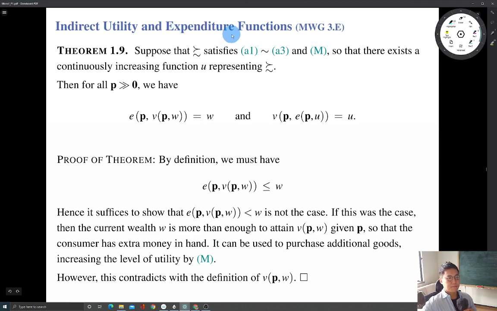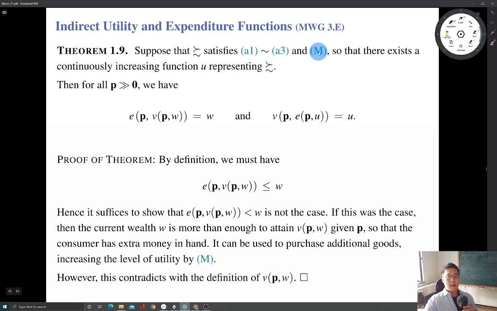All right, so let me begin with the relationship between the two value functions, indirect utility and expenditure functions. So the relationship is described in this Theorem 1.9, and we suppose that the preference relation satisfies the three basic assumptions: completeness, transitivity, and continuity. And plus, we are going to assume monotonicity.